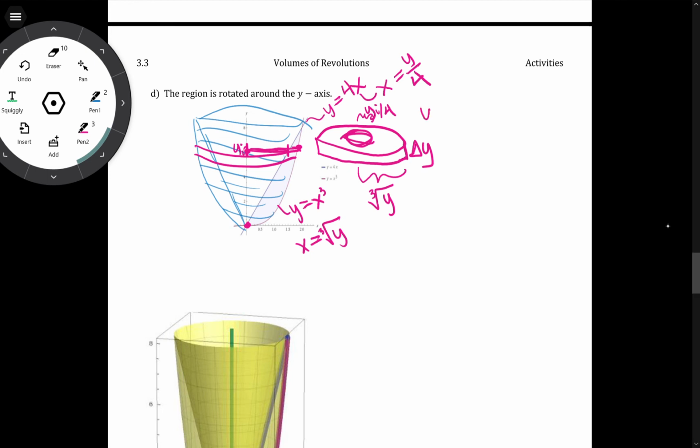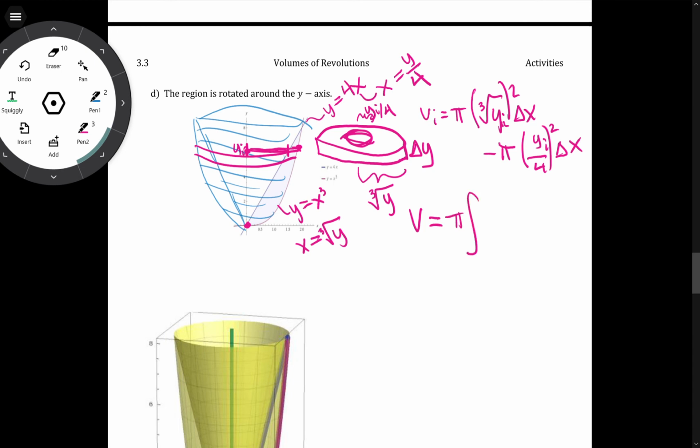Okay, so our volume for this thing is pi times outer radius, cube root of y, squared, minus pi times inner radius squared, which means to get the entire volume, move that pi out. This is y to the 1/3 squared. I've seen some people have some fractional exponents confusion.